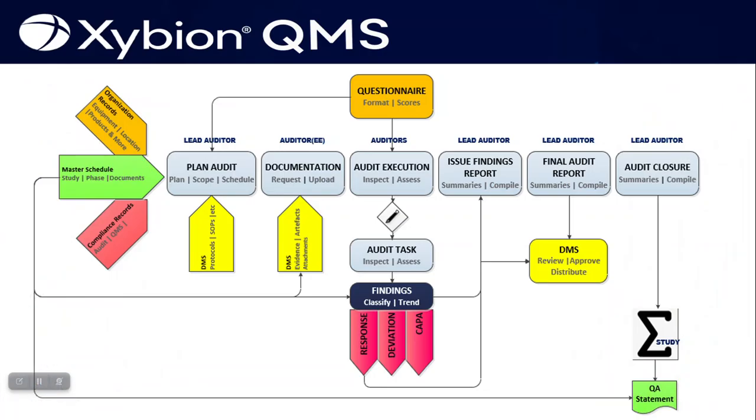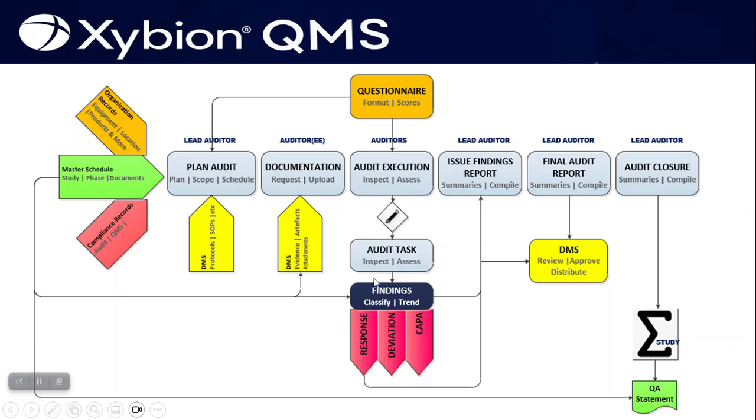Now, the out-of-the-box module, here's one example where we've taken an audit, and this is a study-based audit. So we are able to integrate that with the master schedule to conduct different types of audits in the study phases. And this one particularly has a planning phase, a documentation phase to research and pull the correct documents prior to the actual audit execution.